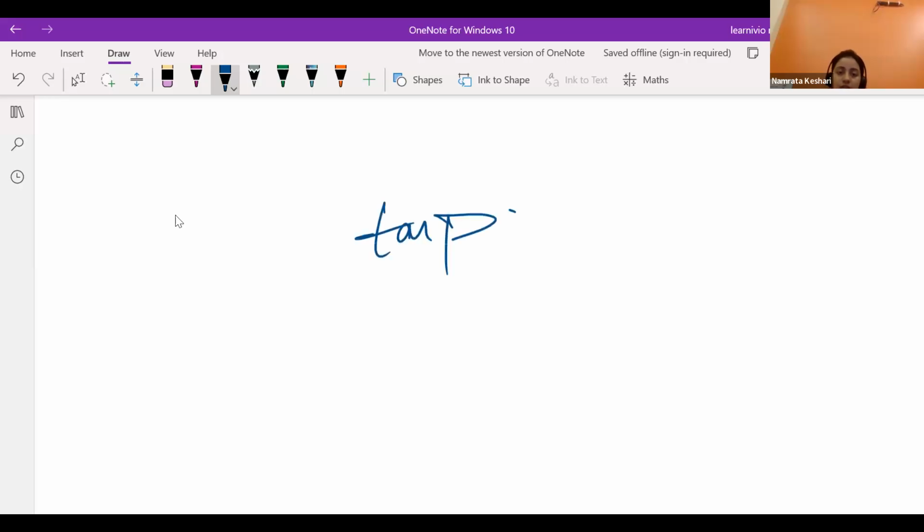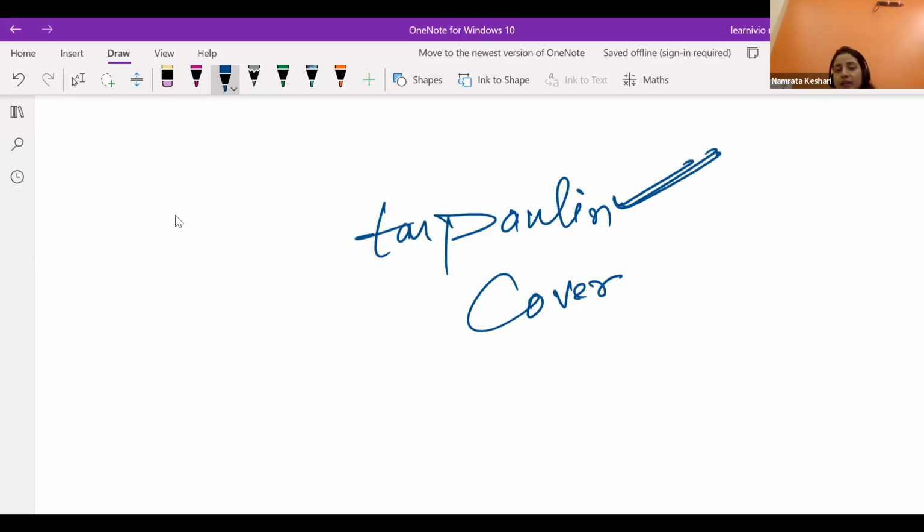This tarpaulin cover is required. You must have seen how they usually cover the car. All the four sides and the top of the car will be covered by the cover, any cover of the car. You must have seen the cover of the car, right? Yes, ma'am.